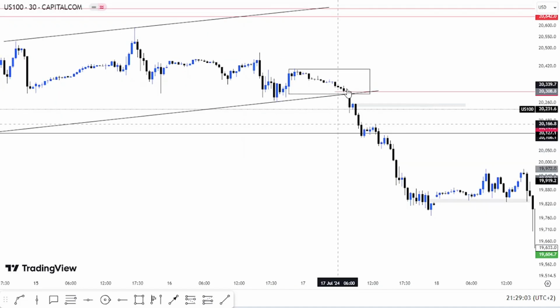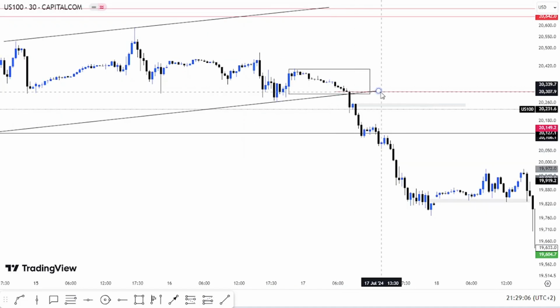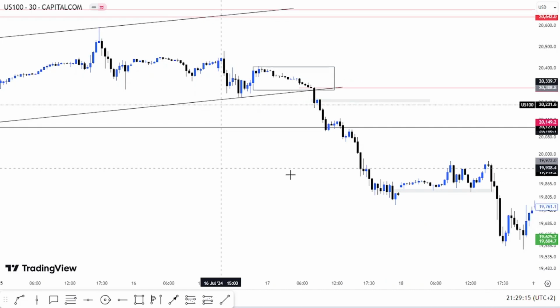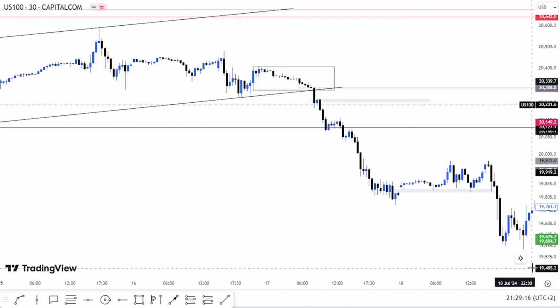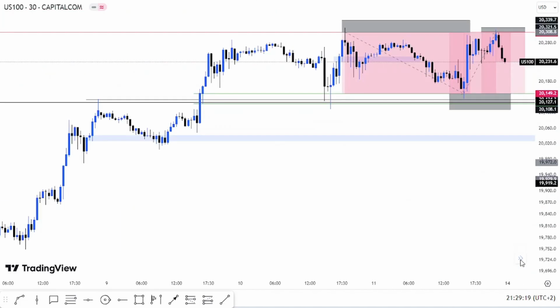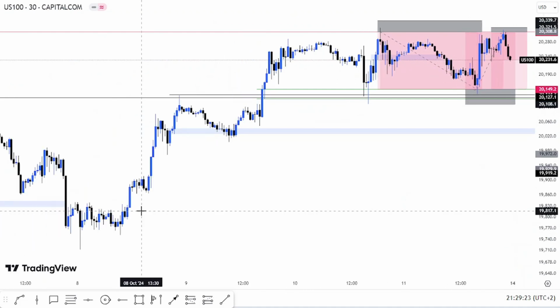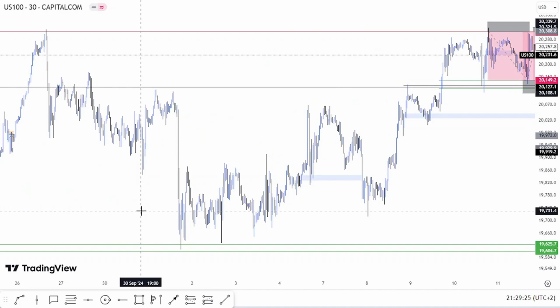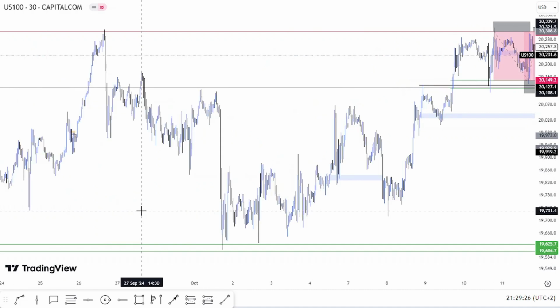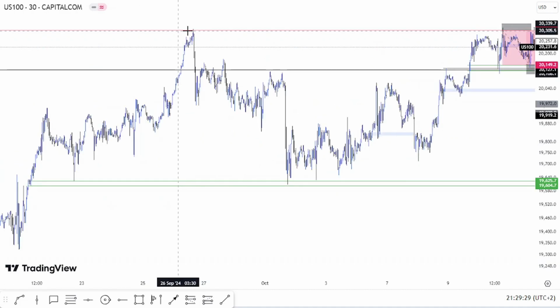This is what I call a real supply zone. This is a simple supply zone, bro. Simple, simple. Then after we went to the downside, this is the supply zone that is in play right now. It's not the first time. It happened here, here, here, here. It came here, went down like crazy.